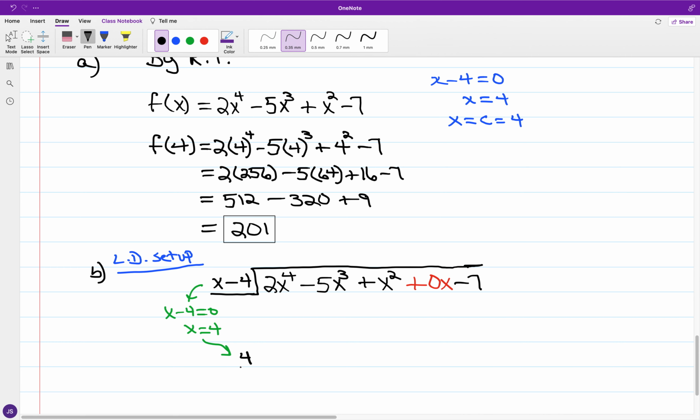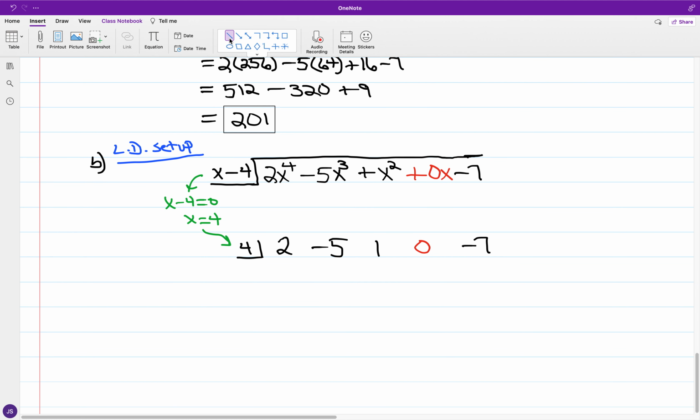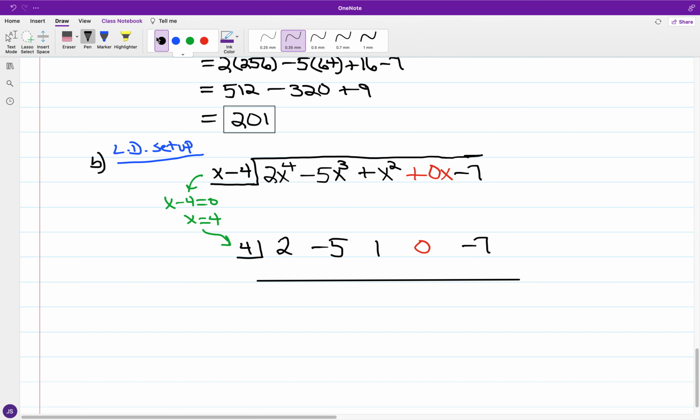Through synthetic division, you have 4 for the 0. For the coefficients, we have 2 for x to the fourth, negative 5 as the coefficient of the cubic term, 1 for the coefficient of the squared term, a void in the first order in x, and closing out with negative 7. The leading coefficient from the dividend is 2, which will be that which we have in the quotient.